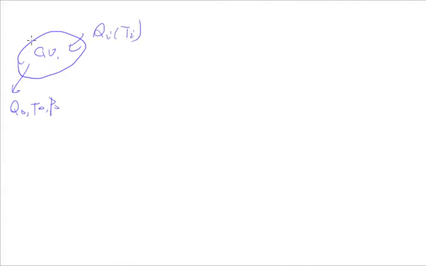Now let's take a look at the control volume. The difference for a control volume is that there can also be mass transfer. So we can have mass inflow, and there will be total entropy flux associated with that, and outflow, and we're going to extract some work.